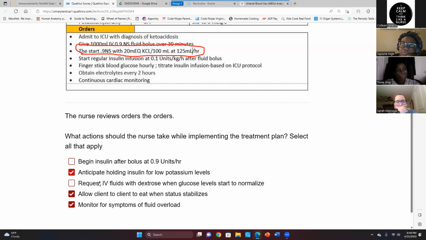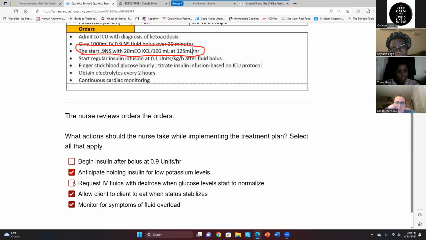So request IV fluids with dextrose when glucose levels start to normalize. So I know you're like, well, they had DKA. Why would I do that? The problem is, and that's why they're on this insulin drip, we're trying to gradually bring their blood sugars down, but we could bring it way down too fast.